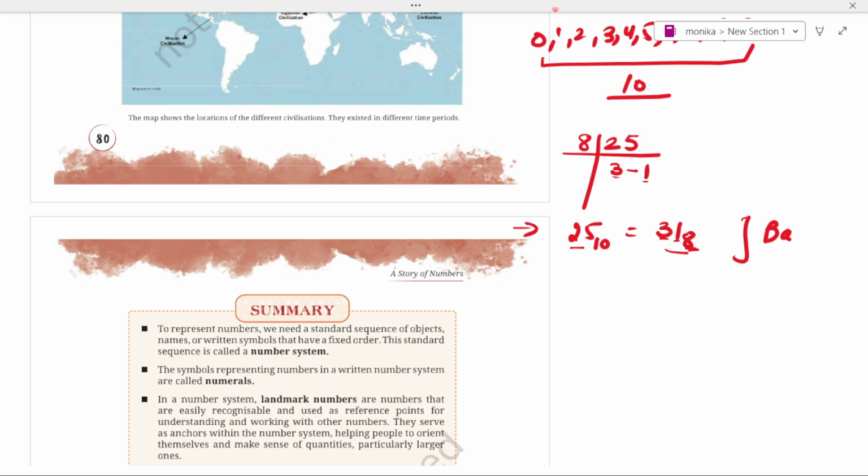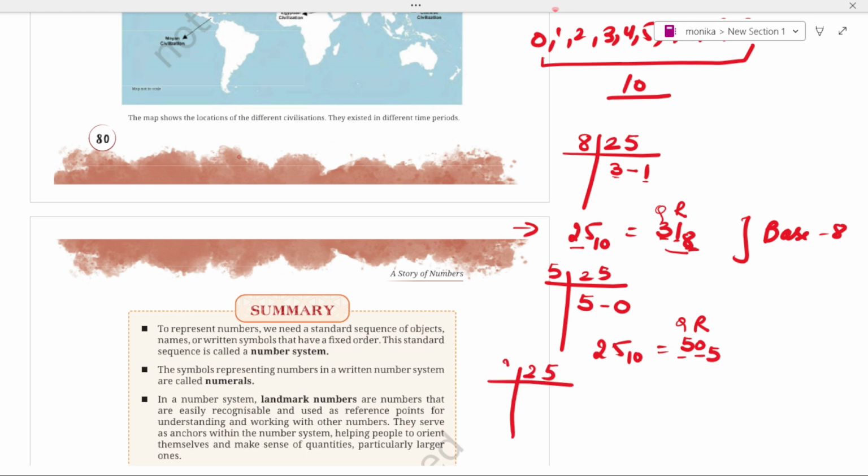What if we need to present 25 in base 5? 5 fives are 25, and 0 will be the remainder. So when you present 25 in the base 5 system, it will be 50. They are also asking if you can represent 25 in base 2. Do it.